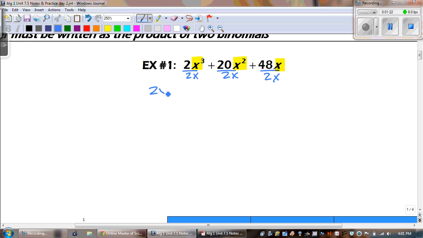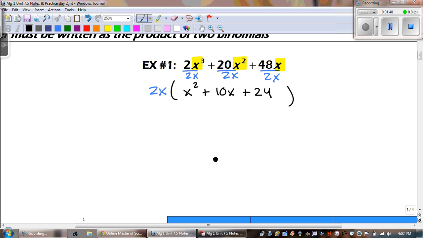So when we divide, our GCF comes out front, and we write the remainder. 2x cubed divided by 2x gives us x squared, plus 20x squared divided by 2x gives us 10x, and then 48x divided by 2x gives us 24.